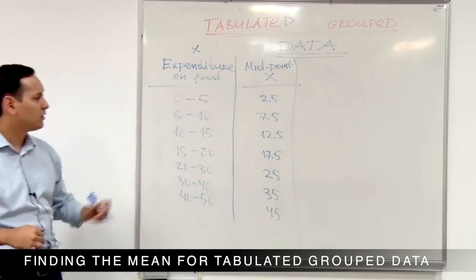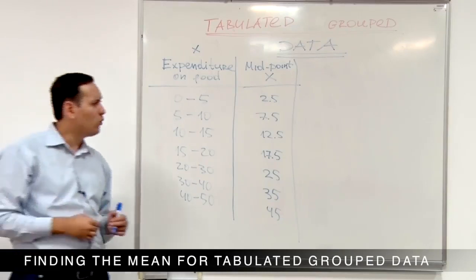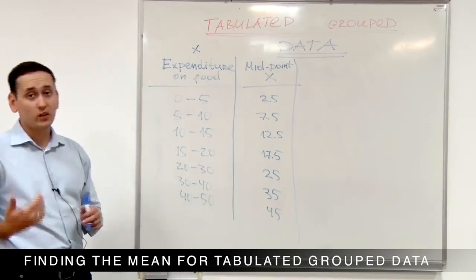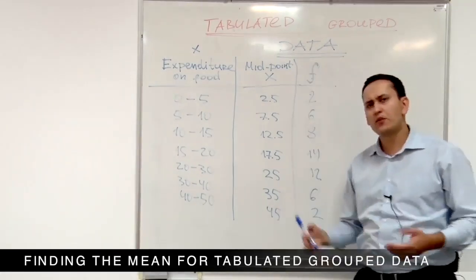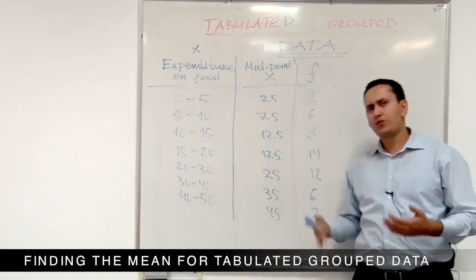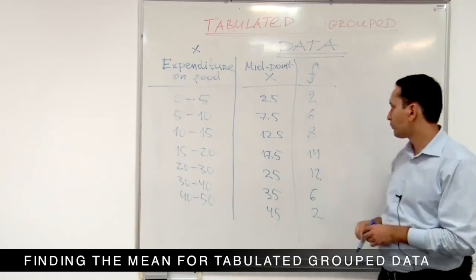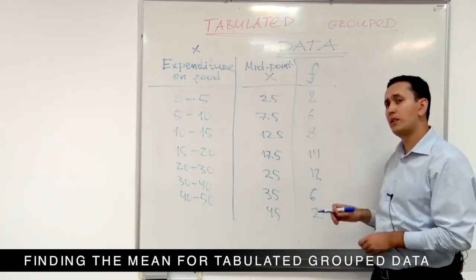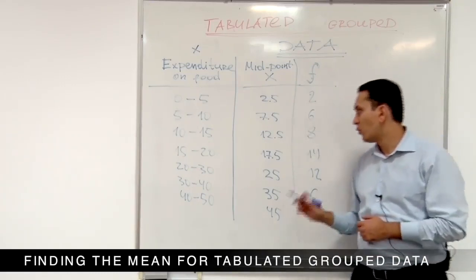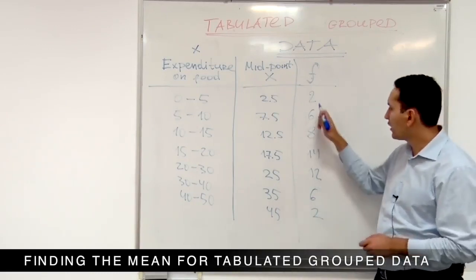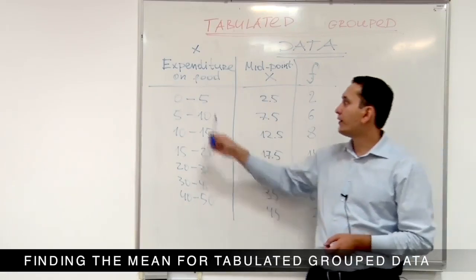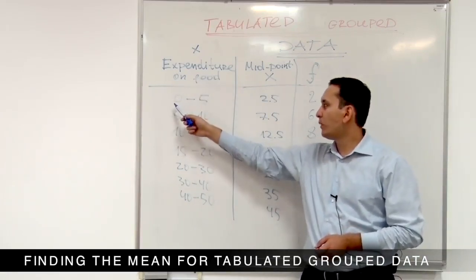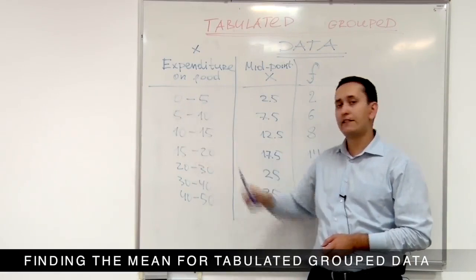Now that we have found the midpoints, we can write down the frequency that is given in our task. As you remember, the small f stands for frequency. Here we have the frequency of this data set, which means there were 2 people who responded that their expenditure on food is between 0 and 5 pounds.